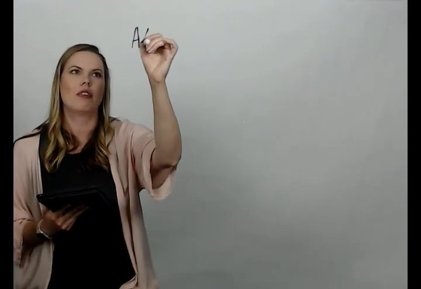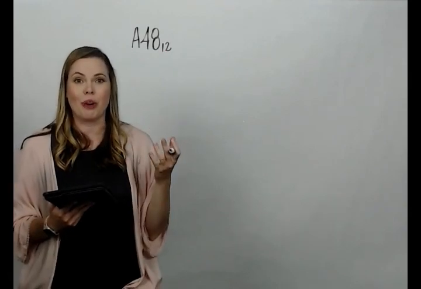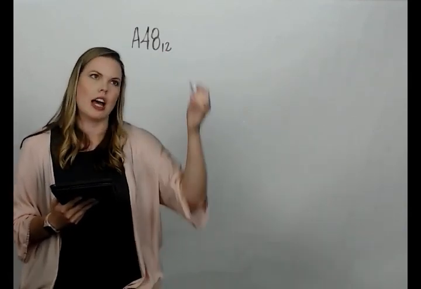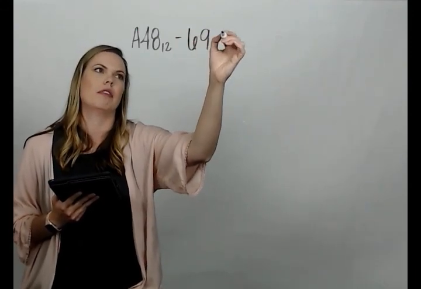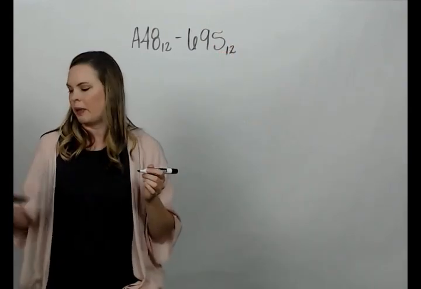So you'll see those letters in these problems in base 12. So here's A for 8. You'll also be borrowing 12 instead of 10. So when you do that borrowing, you're going to see some addition with 12.